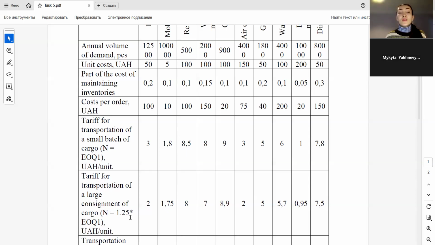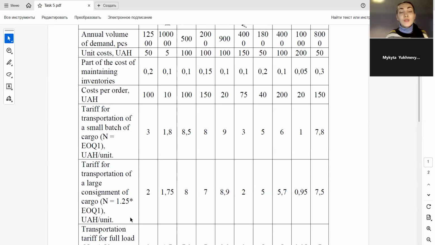So we need to find, oh, 1 minute, maybe we need to change a little bit our calculation because for the tariff of transportation of a small part, we have these parameters, EOQ1. For transportation it is all good because we used only volume of demand and only this tariff.